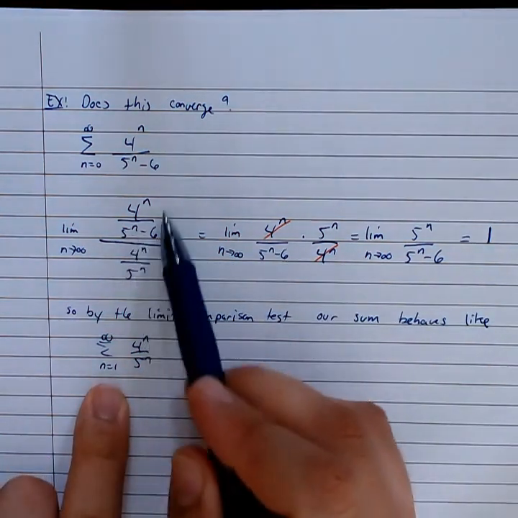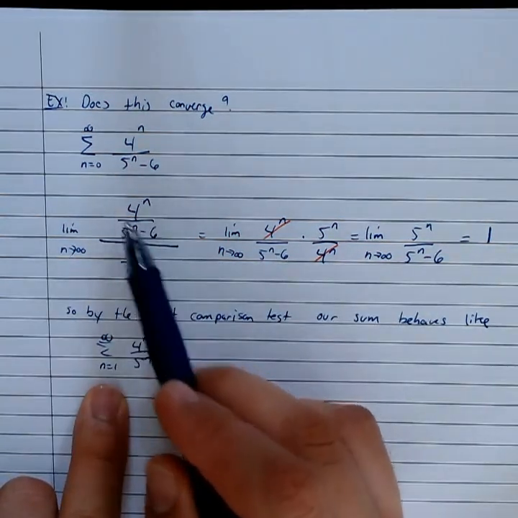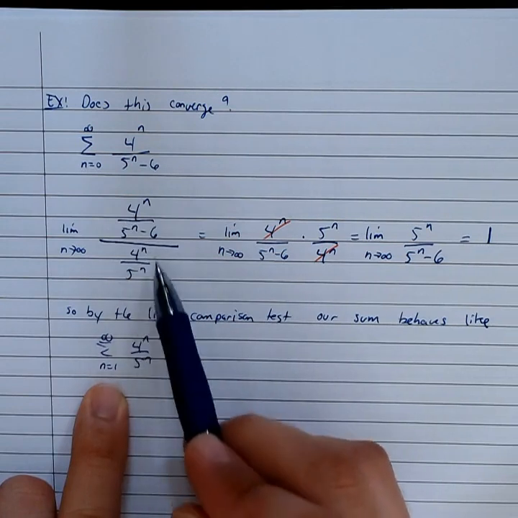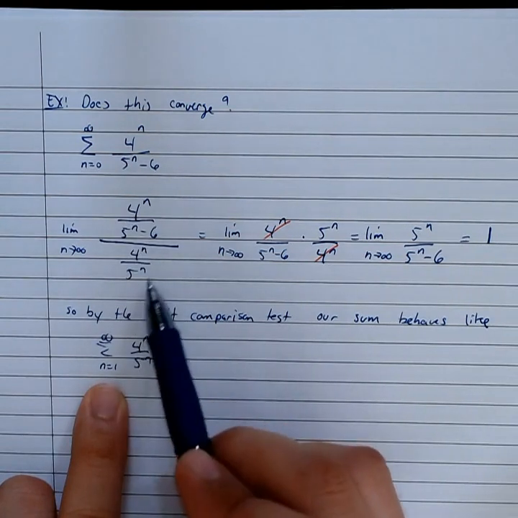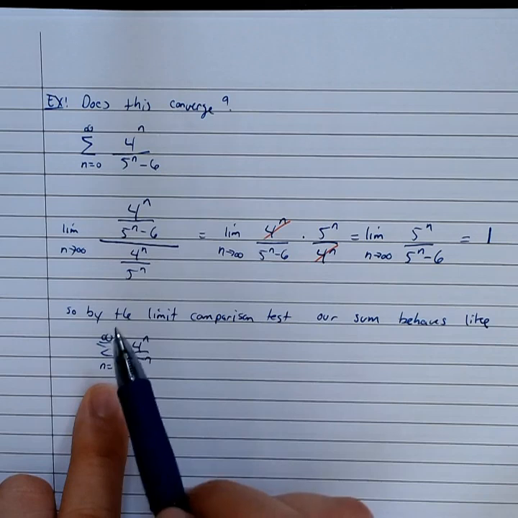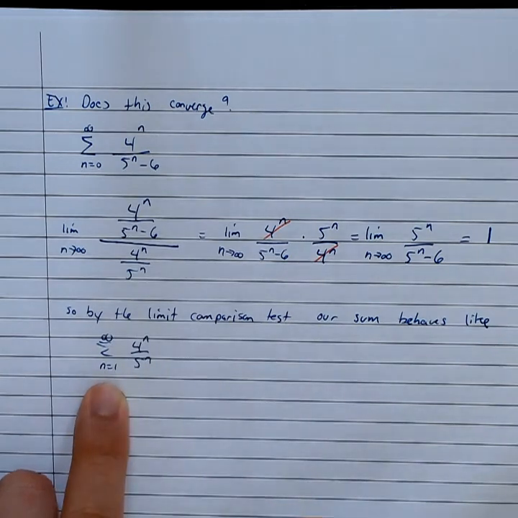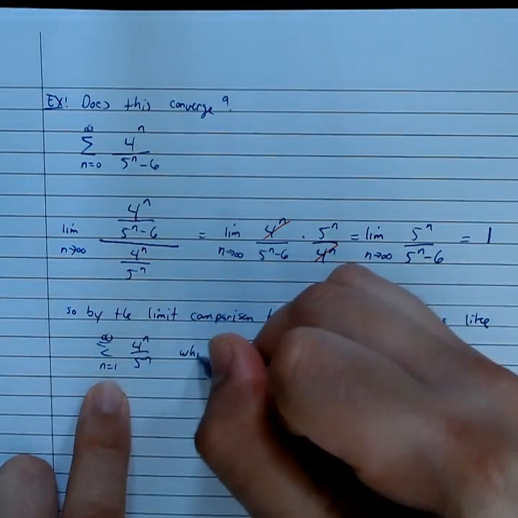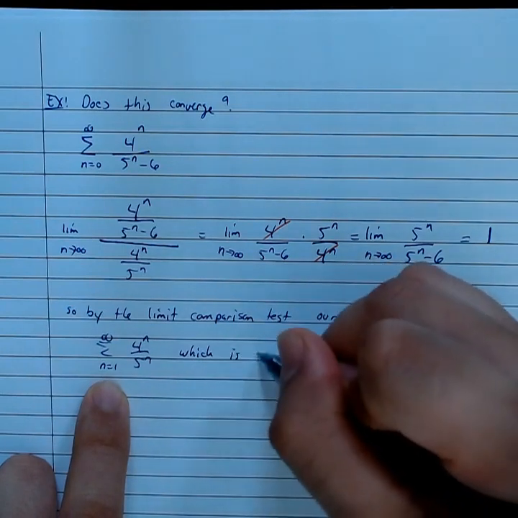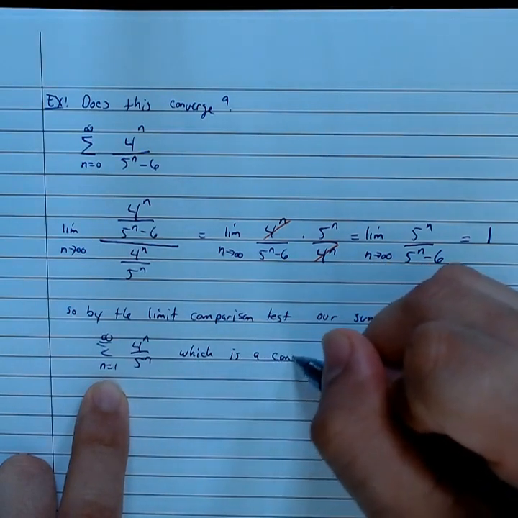All right? Here's the nth term of our series. Here's the nth term of the series that our series will end up behaving like. Oh, in other words, our series will behave like this series, which converges, which is a convergent geometric series.